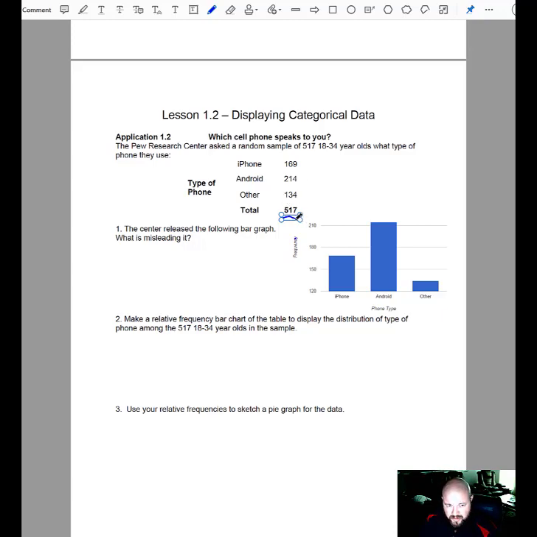So with this, I'm going to look over here and see what we got going on. So number 1 says, the center released the following bar graph. What is misleading in it? Well, if we look at this, what would y'all think would be misleading?